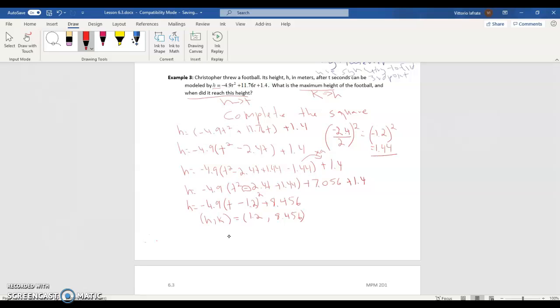Therefore, the max height of 8.456 meters is reached at 1.2 seconds.